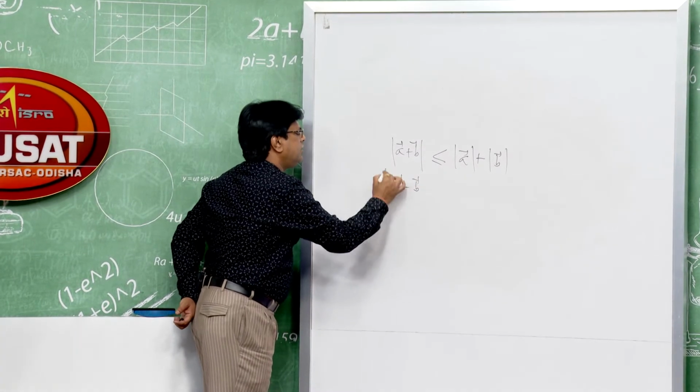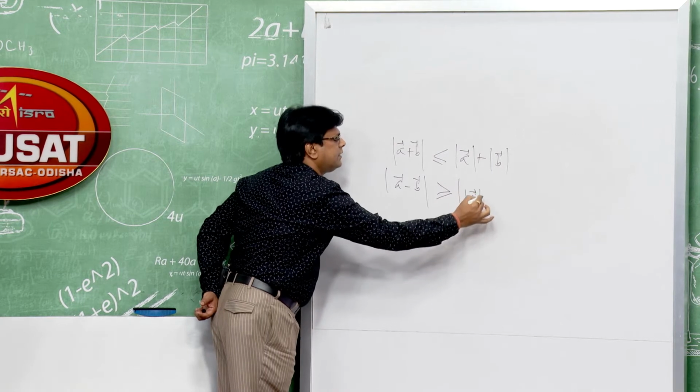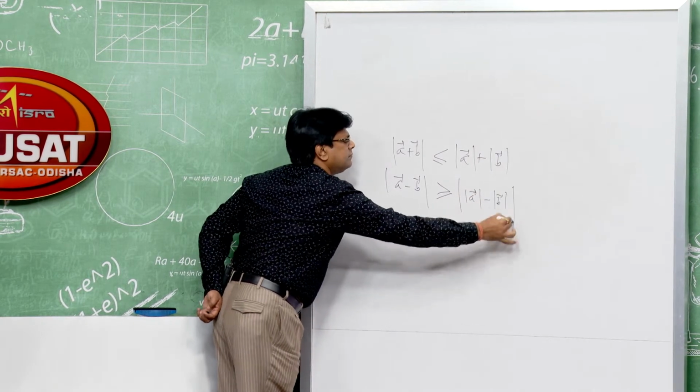Similarly, for any two vectors A and B, the magnitude of A minus B is greater than or equal to the magnitude of A minus the magnitude of B.